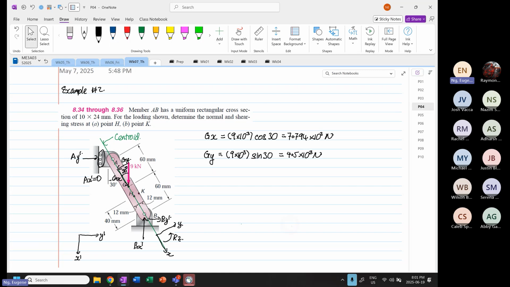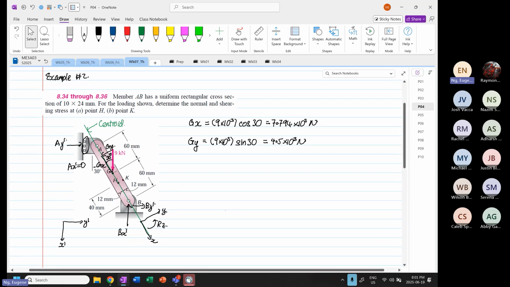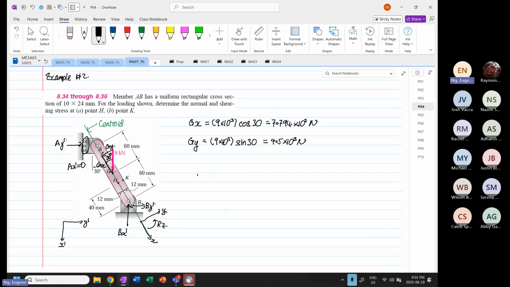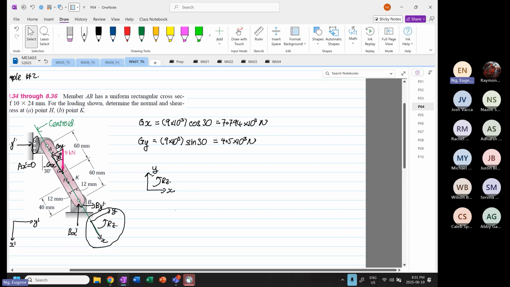So now, once we have this, we can immediately put this in a horizontal component. We are now going to rotate the structure where this is x, this is y, this is rotation about z. So we rotate the structure horizontally now.